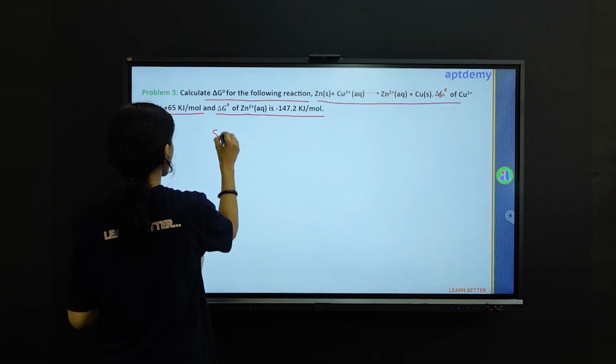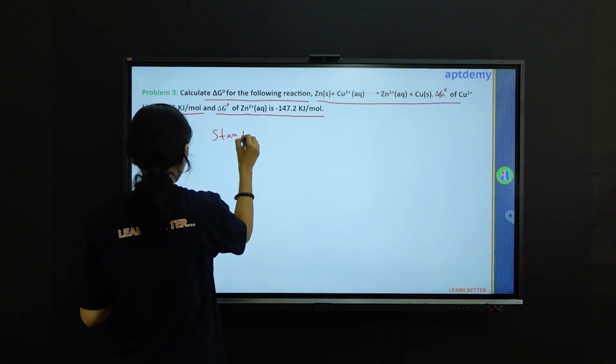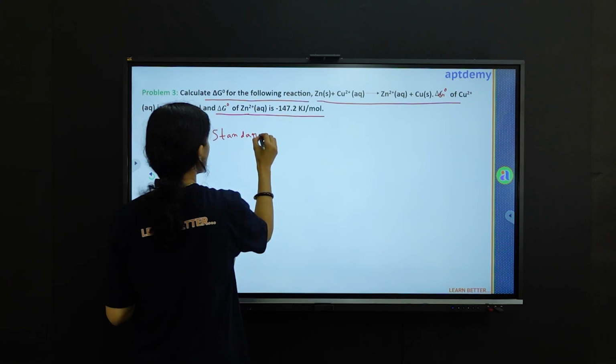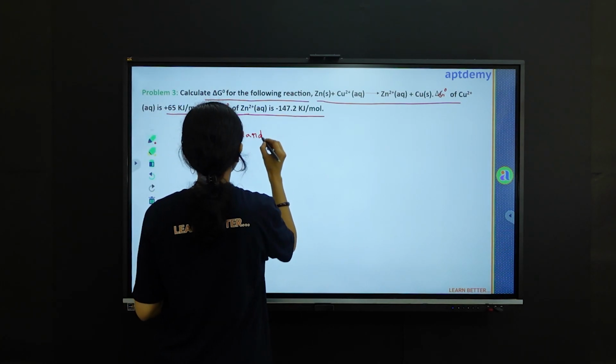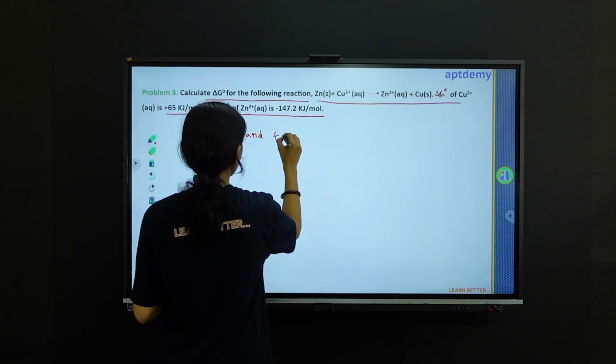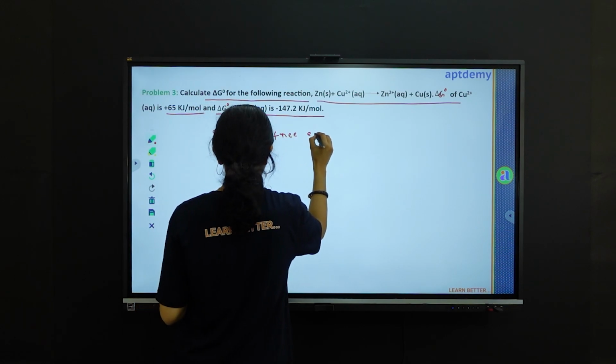So what we know is that for standard free energy, we have to write the expression. What can we write?